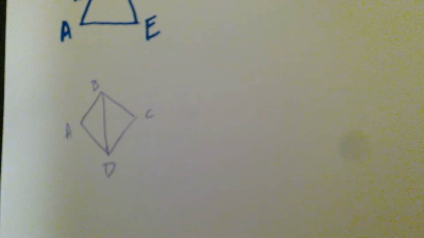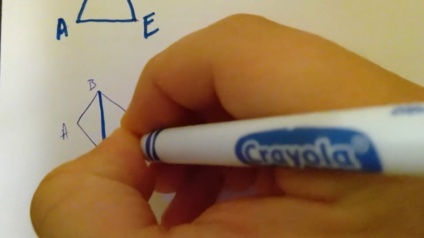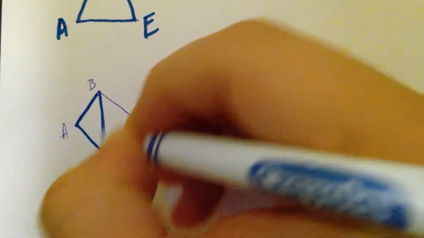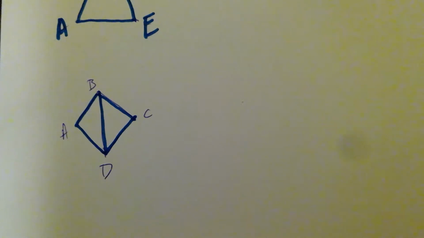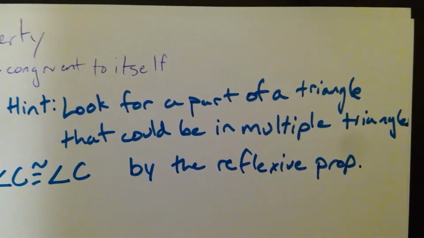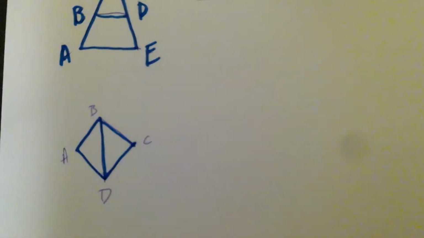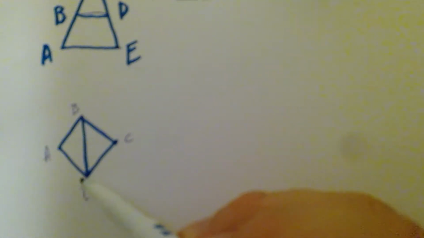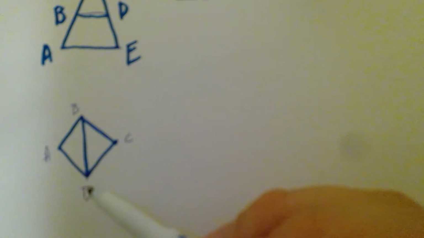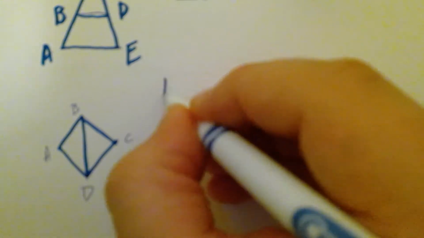Now, let's look at another problem where we have a quadrilateral split in half by a line. Once again, let's use our hint up here. Look for a part of a triangle that could be in multiple triangles. If I'm looking here, I've got triangle ABD and triangle CBD, and I think to myself, oh, BD is in both triangles, so it's got to be congruent to itself.